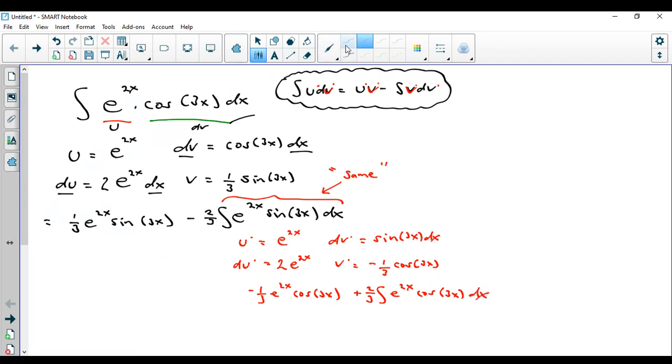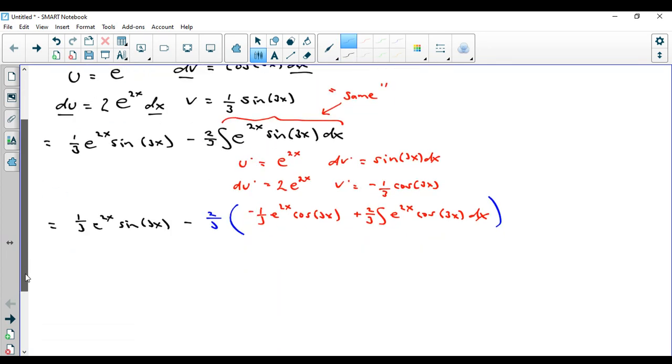Now, before I forget, let's make sure I write all the other stuff here. So I have 1/3 e to the 2x sine of 3x, and then minus, and this is the thing everyone always forgets, minus 2/3 times the expansion we just did. This 2/3 affects all of this integral, so it affects all of that expansion.